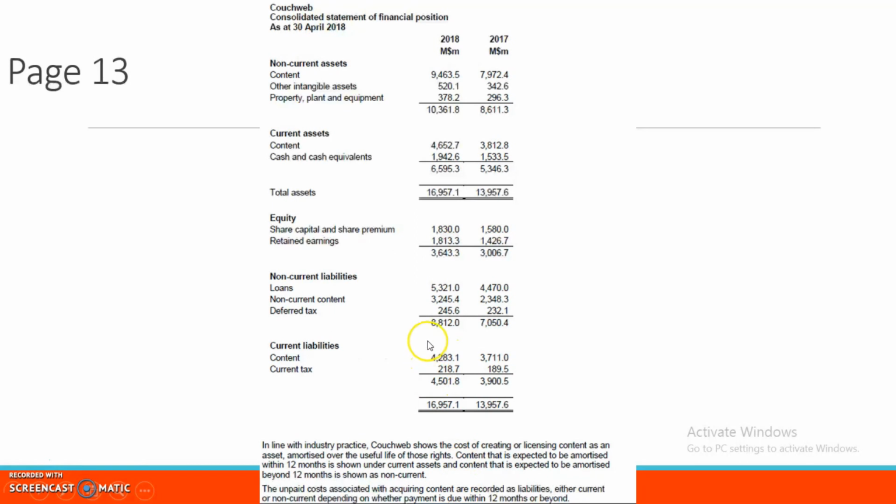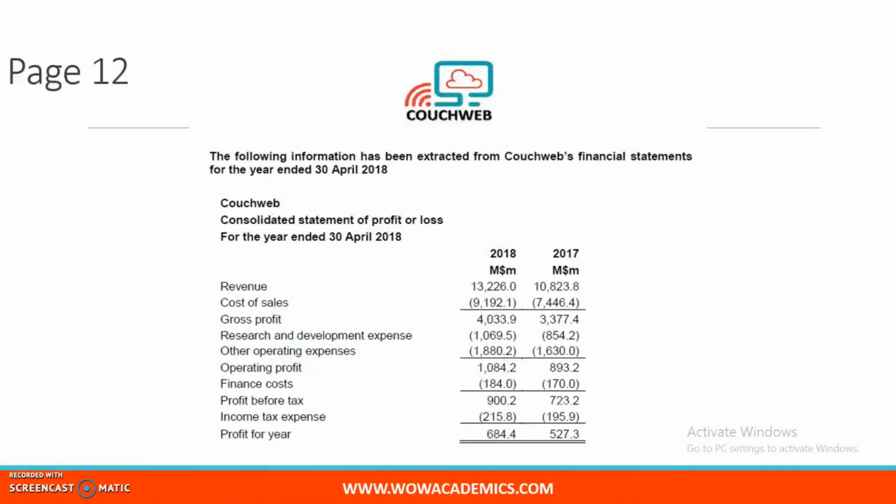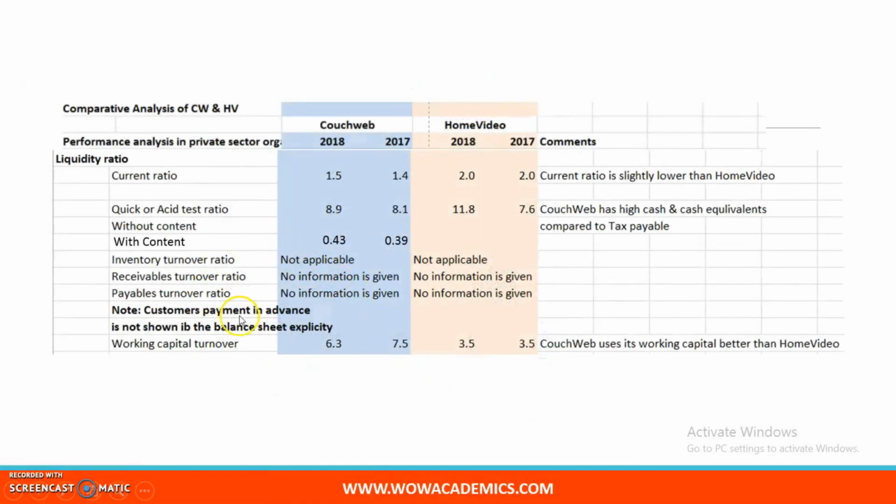The company also has to pay for the content as current liability within the next one year or one operating cycle. So if you compute the ratio, it's 1942 cash and cash equivalents divided by current liability, that is 4501. So it's 1942 divided by 4501. If we do that, we end up with a number like 0.43.